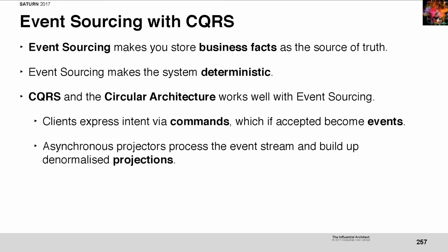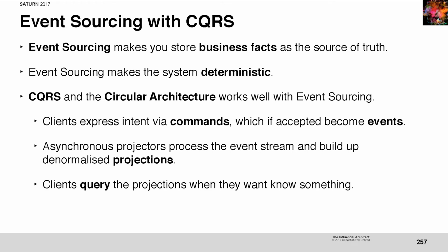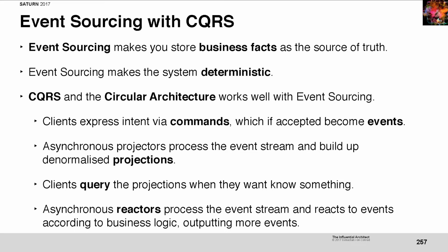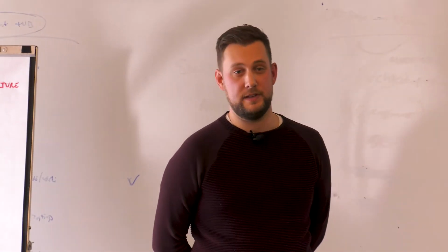Asynchronous projectors process the event stream and build up denormalized projections, which is what the clients query whenever they want to know something. We then have asynchronous reactors processing the event stream and reacting to events according to whatever business logic they have, and that usually results in more events.